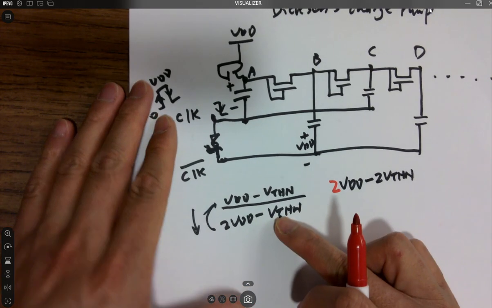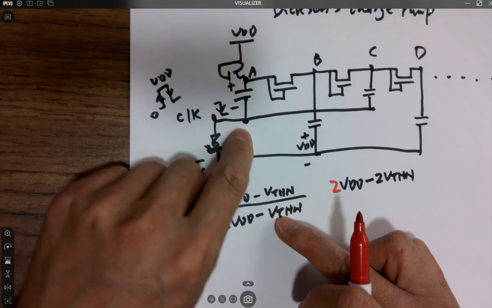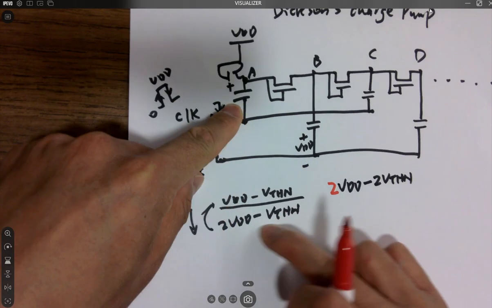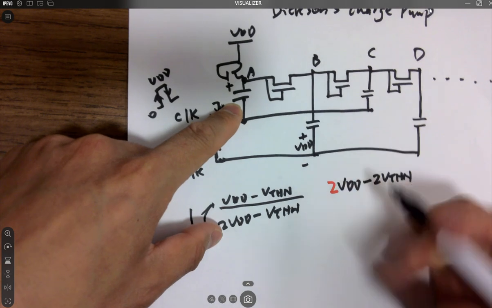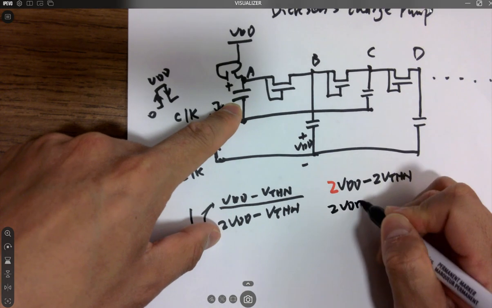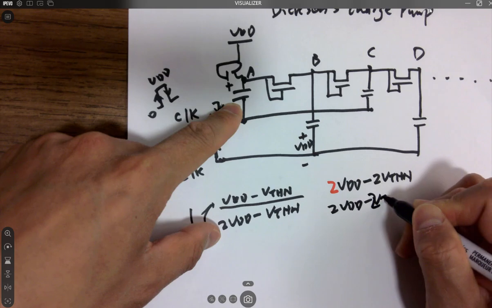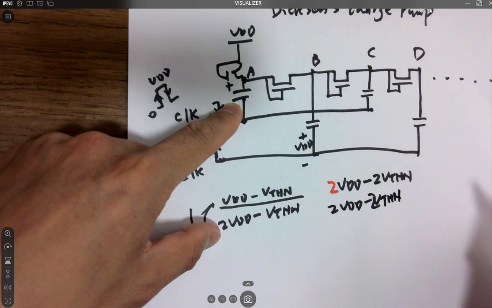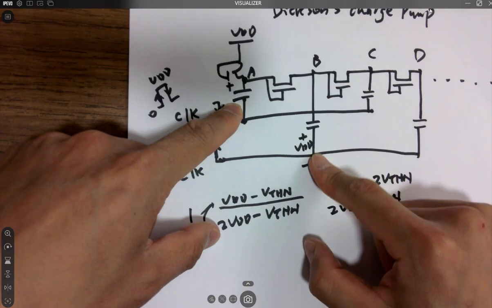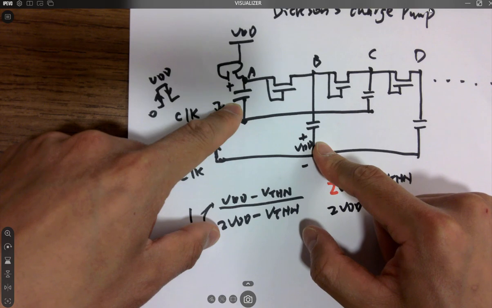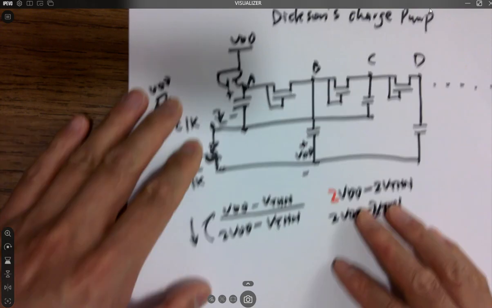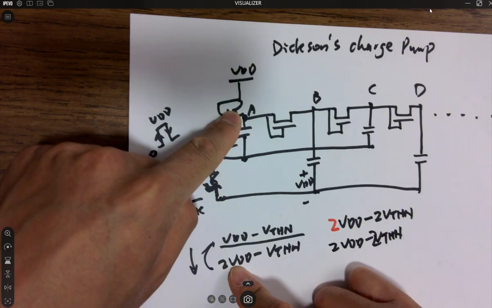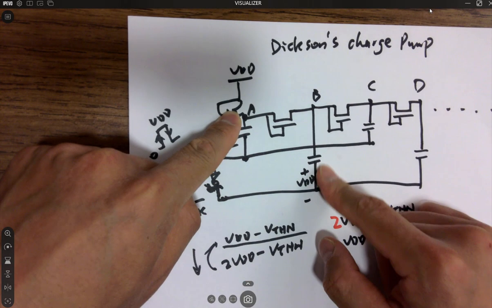What about the next? If this is pushing, and you are getting this voltage, and this voltage passes this transistor and reaches B, it's giving you 2 VDD minus 2 VTHN, right? However, this is pulling. Wait, if this is pushing, this is pulling.